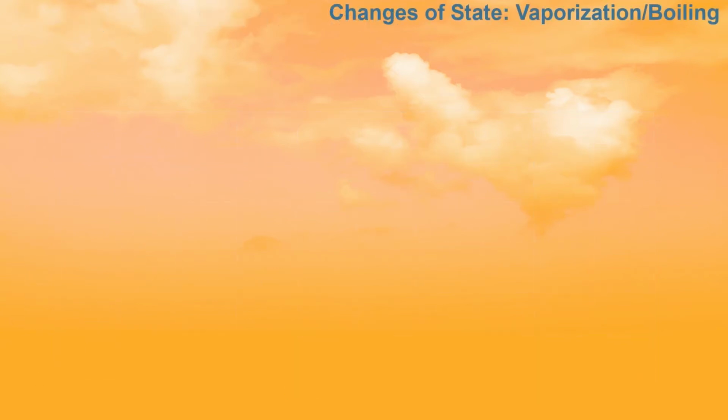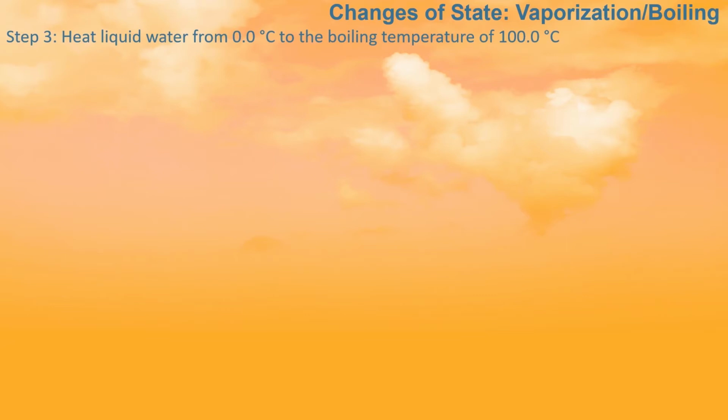Let's keep going. We now want to heat our liquid water from 0 degrees Celsius to the boiling temperature of 100 degrees Celsius. Again, this is heating of bulk matter, which requires the use of the heat capacity for liquid water. We see that the specific heat of liquid water is 4.184 joules per gram Kelvin on the table.